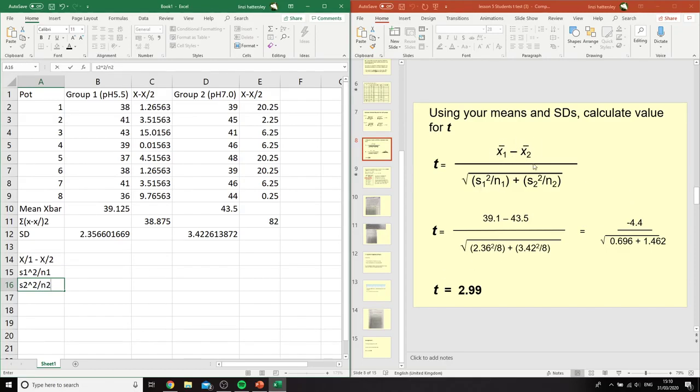So I've done this and then these two before it's square rooted. Notice before it's square rooted. There we go. Okay, so equals that number minus that number.